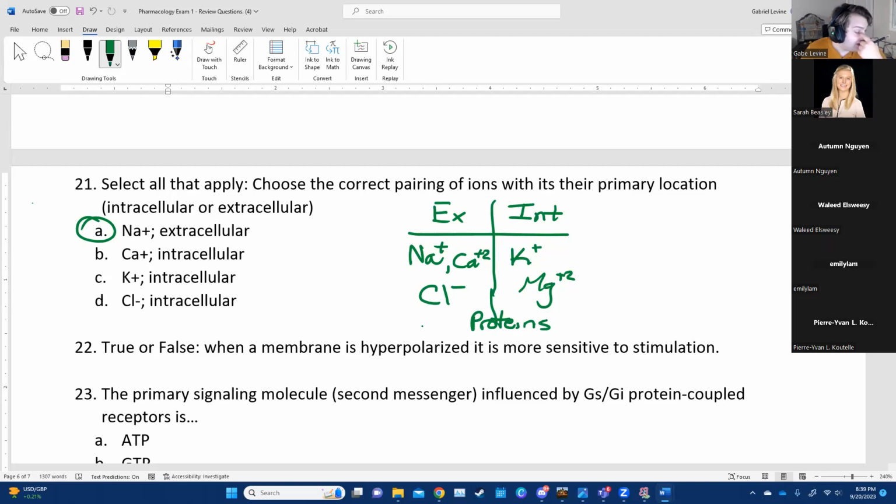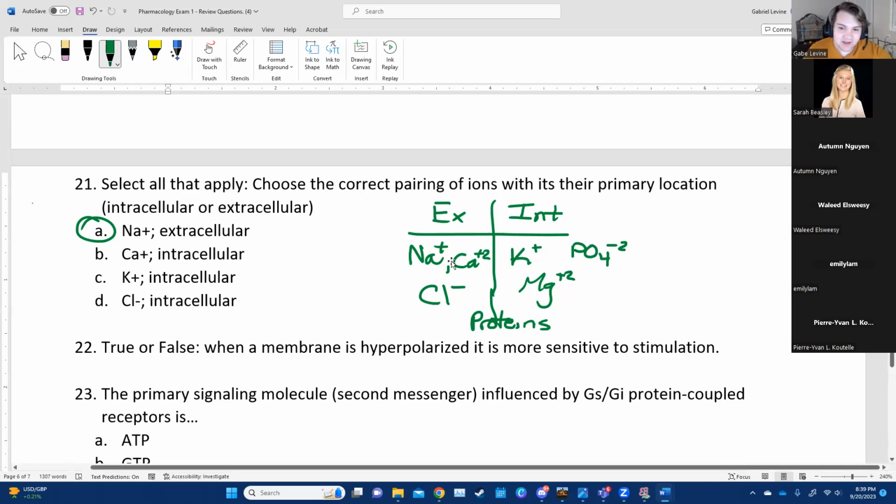These are more, I don't think they would be on the exam, but they're just important to know clinically to get them into your brain. Yeah, we know phosphate is part of ATP, so we find it mostly inside the cell. It's all right. You don't really have to know that. Really, sodium, calcium, chloride, and potassium, those are the big ones. So A and C.